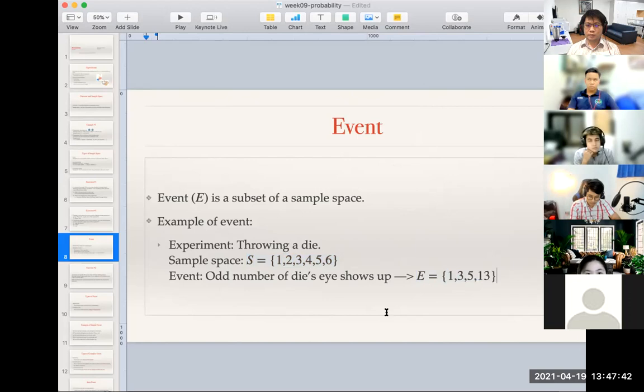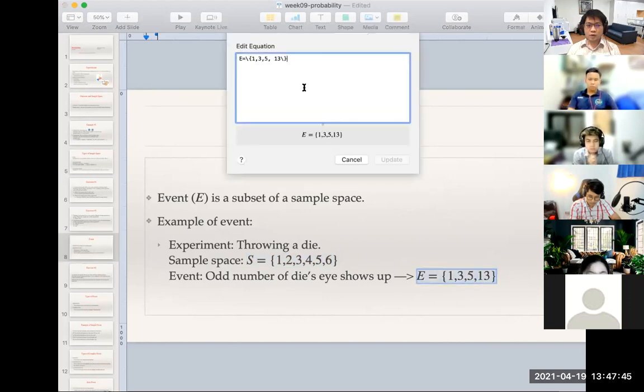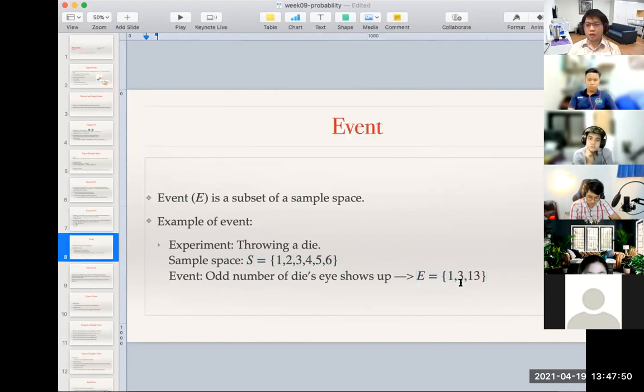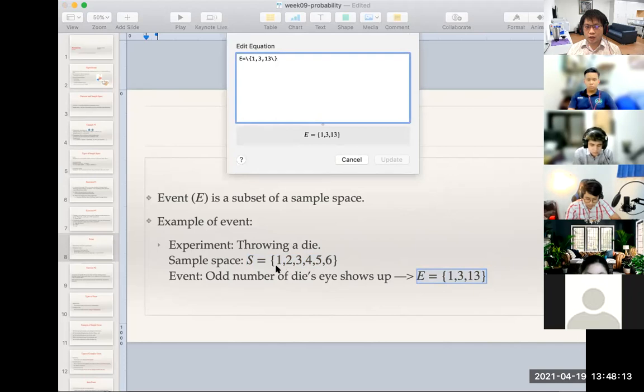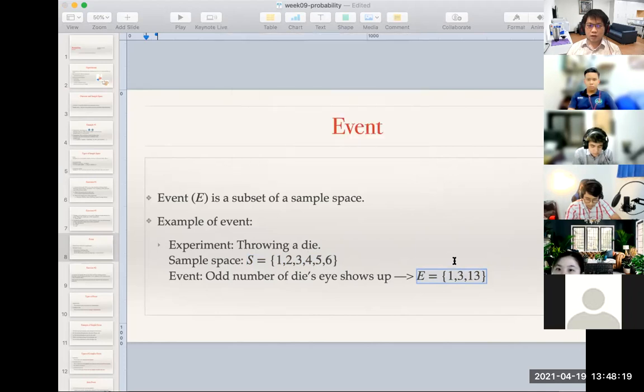Let's say I have 1, 3, 13 here. Is this correct? Even though all of them are odd numbers, they are not a subset of your original sample space. So what is not a member of the sample space? Obviously, 13 is not an element of the subset. That's why this answer is incorrect.